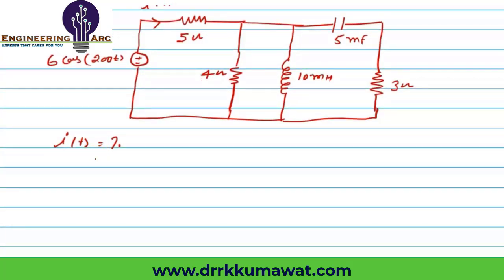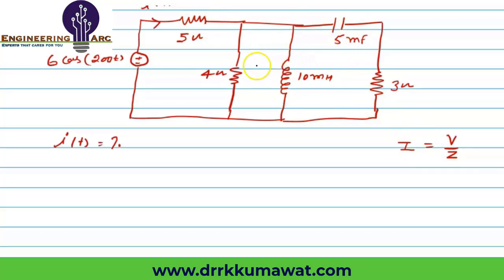Now, for finding the value of current in this circuit, we apply simply the formula I equals V upon Z, where V is the input voltage, which is the magnitude of 6 volt at the frequency of omega equals 200. And Z is the total impedance of the circuit, calculated from the series parallel combination of these elements.